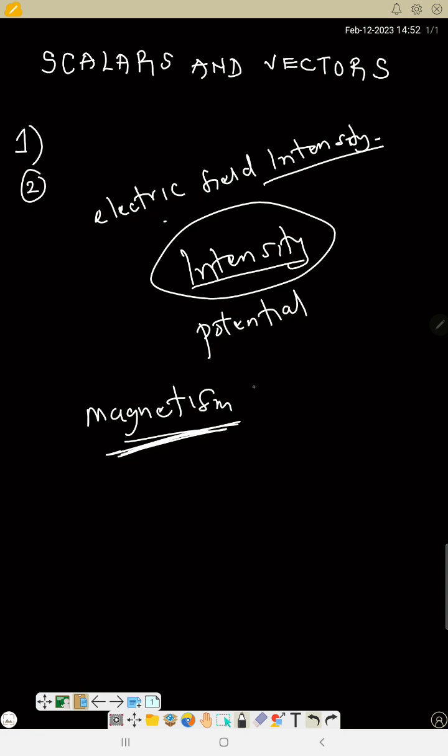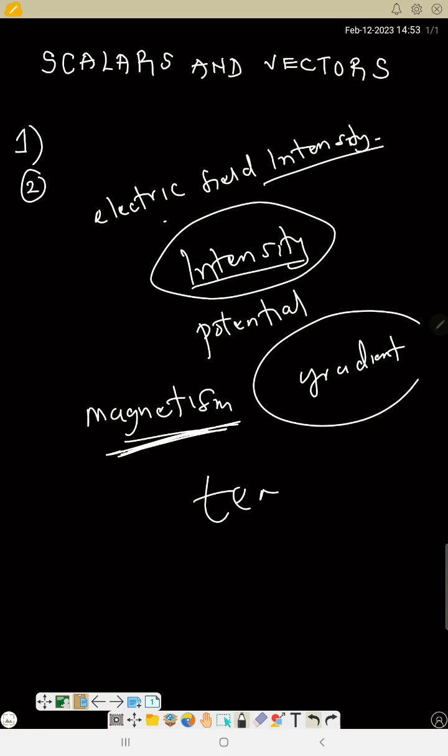Temperature gradient is a vector, but temperature itself is scalar. So far as gradient is there, all gradients are vectors. Just take note of all these points. Those are the points you can use to know which one is scalar and which one is vector. In the next video we are going to talk about representation of vectors.